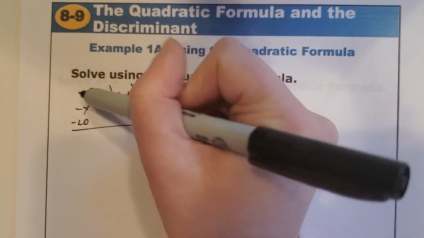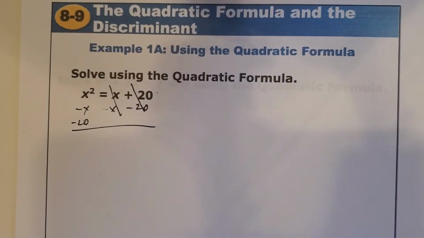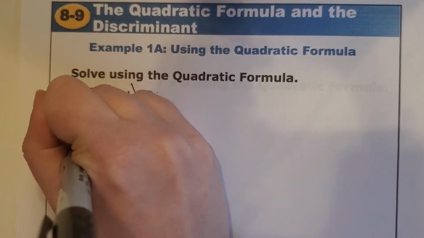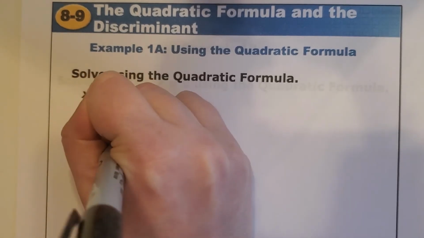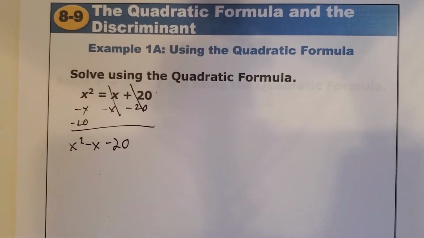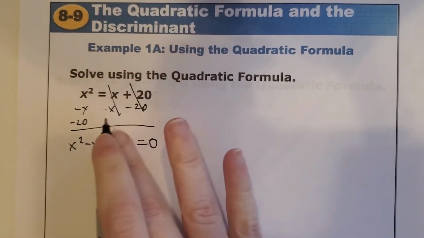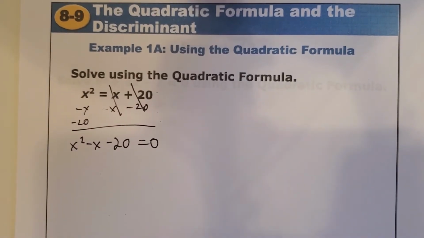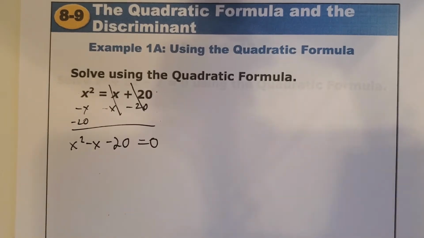Those cancel out from the right, but none of these are like terms, so we're just going to leave them all in a line. Equals 0, because everything else canceled out on the right.